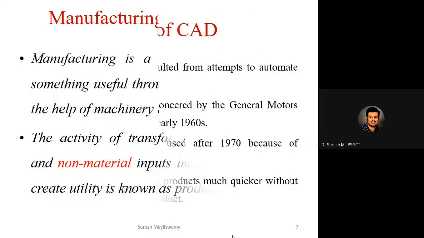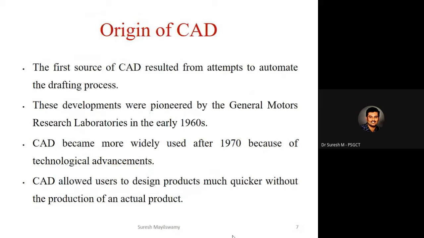So from where we can start computer integrated manufacturing means first we should know what is CAD. So we all know CAD is computer aided design. The first source of CAD resulted from attempts to automate the drafting process. Obviously, drafting is a manual process, so we need to automate it. That's why the CAD softwares are developed.